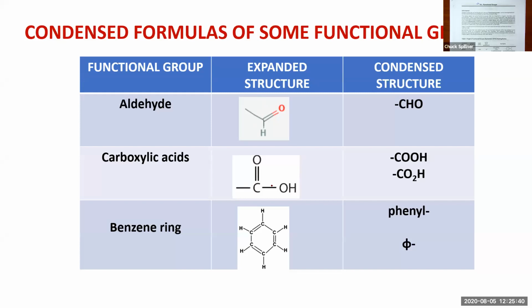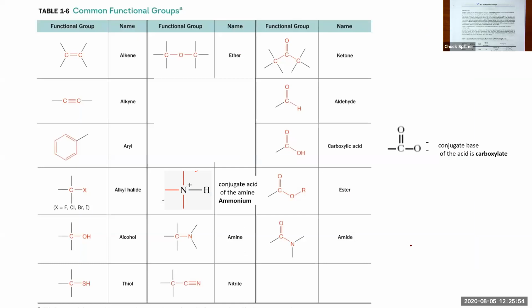Carboxylic acids are condensed down into COOH or CO2H. And then, like I said previously, the benzene ring is called a phenyl, and it's condensed down to this little phi. So this just shows a summary of all those functional groups.